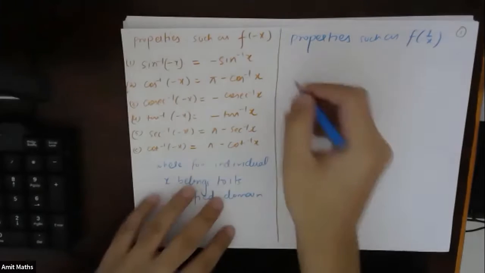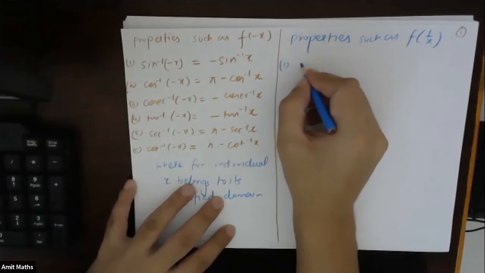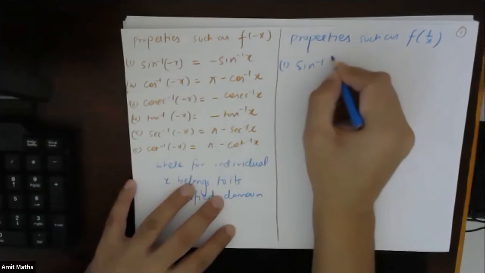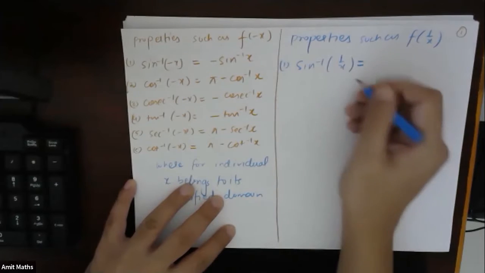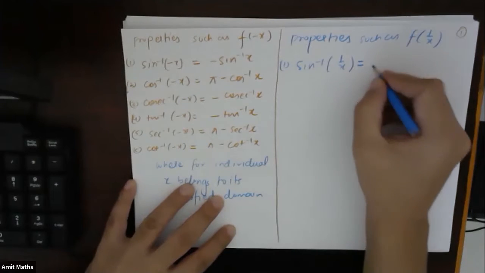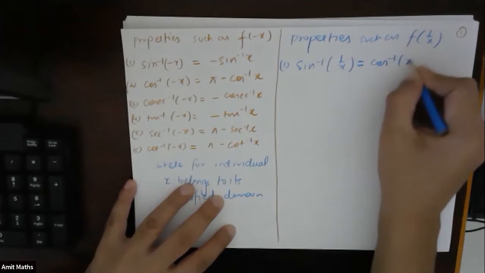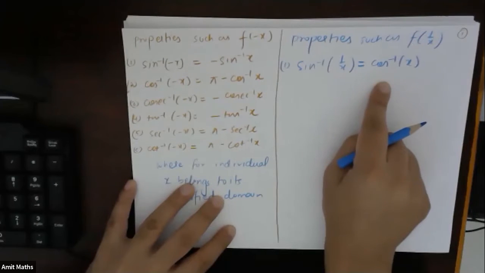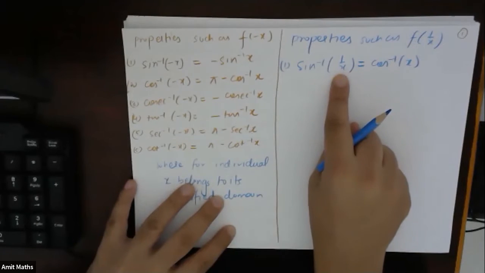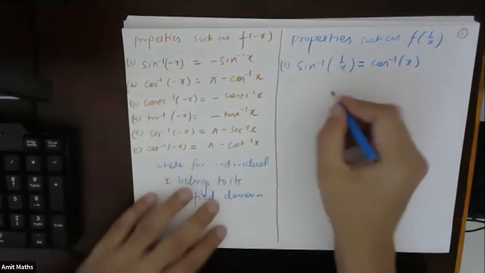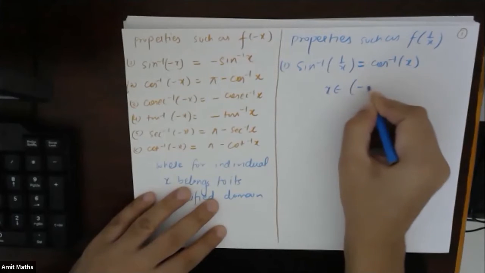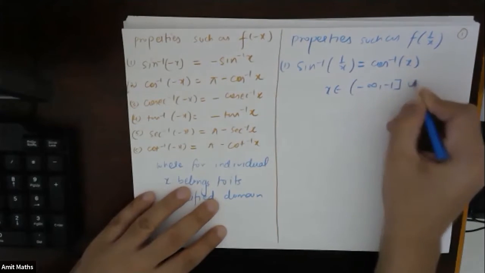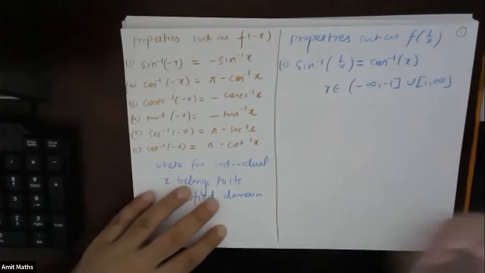So first, sine inverse of 1 by x will be equal to cosec inverse of x, and here x belongs to minus infinity to minus 1 union 1 to infinity, right?